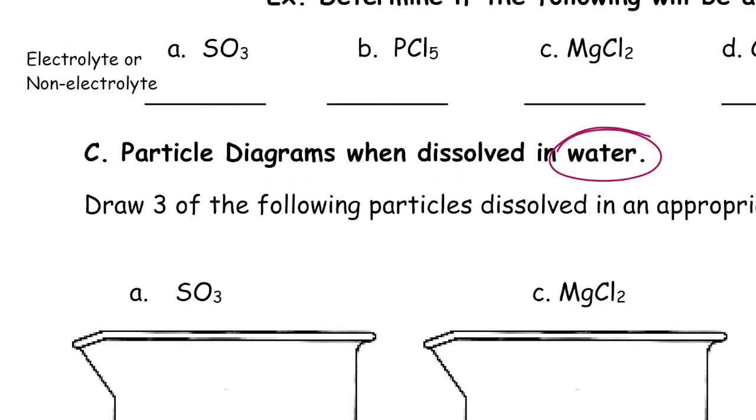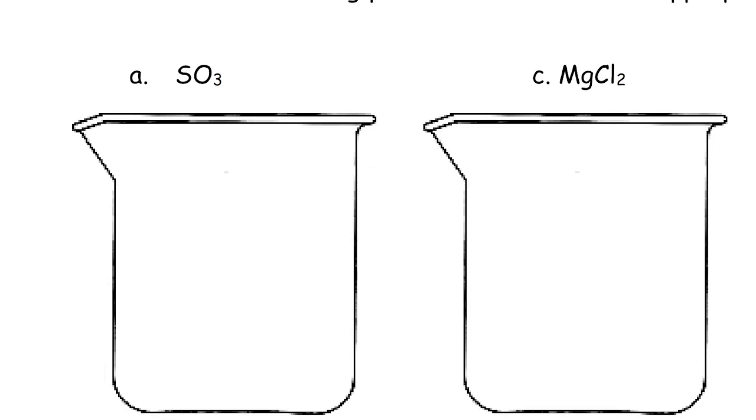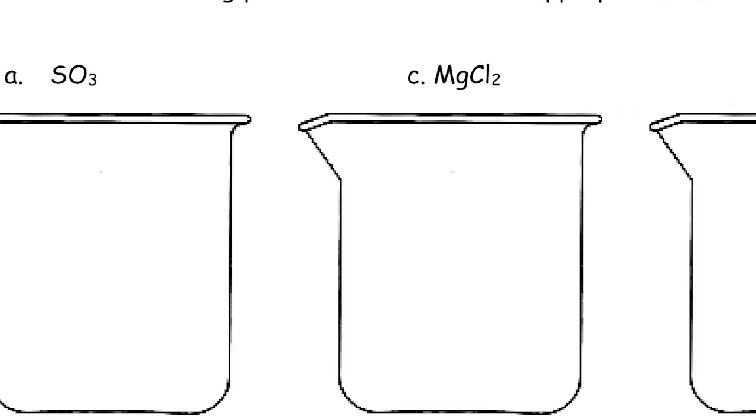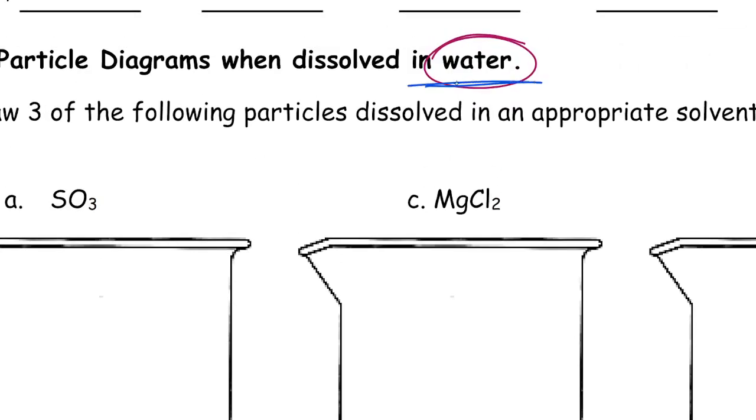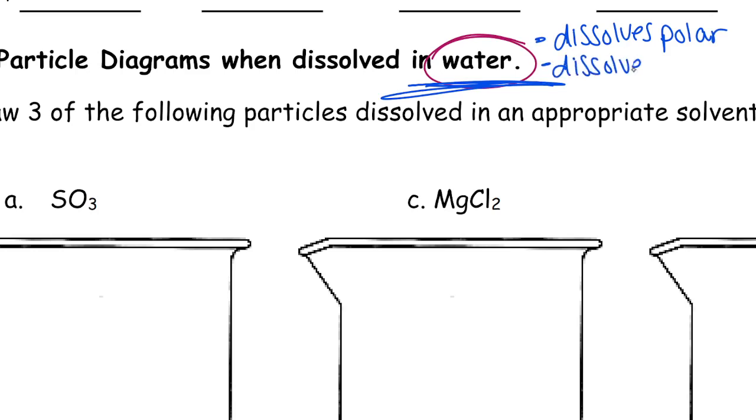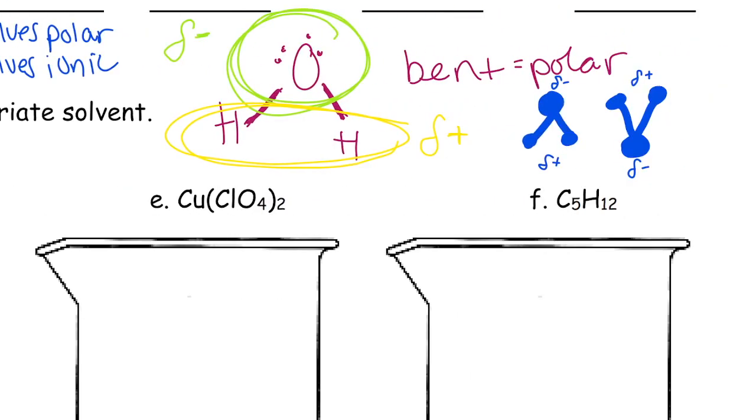So if I go to my first one and I have SO3, we need to first determine if SO3 would be polar or nonpolar, because remember that water will dissolve polar substances, and it also dissolves ionic substances. So either things that have a slight negative and slight positive charge from a covalent compound, or things that are actually positive or actually negative.